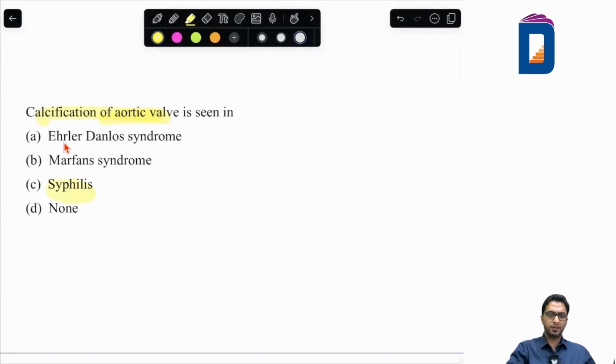Basically, calcification of the aortic valve is seen in two infections. When we talked about syphilis very recently, what did we see in syphilis, along with Ehlers-Danlos and Marfan's?